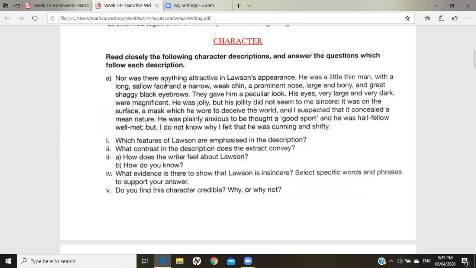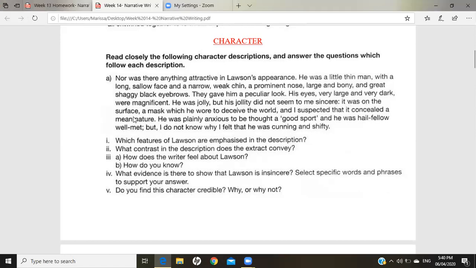So let's read the paragraph. It says, nor was there anything attractive in Lawson's appearance. He was a little thin man with a long, sallow face and a narrow, weak chin, a prominent nose, large and bony, and great, shaggy black eyebrows. They gave him a peculiar look. His eyes, very large and very dark, were magnificent. He was jolly, but his jollity did not seem to me sincere.